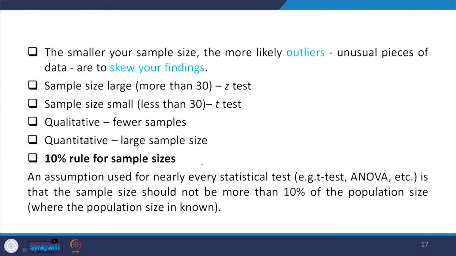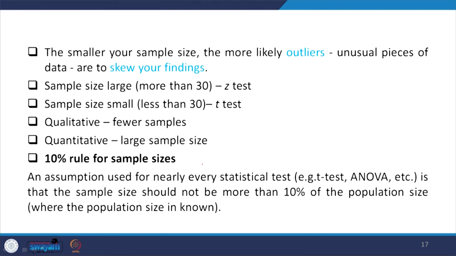So, what is the thumb rule here? The smaller your sample size, the more likely outliers are there, meaning unusual pieces of data, and when outliers are more, the findings are very skewed.